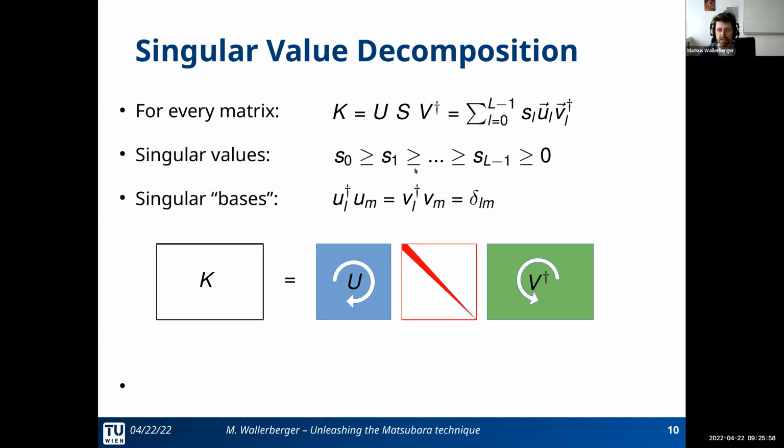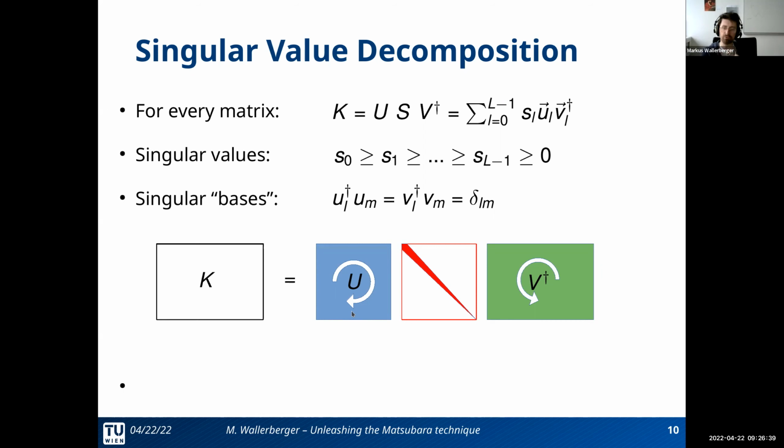This is a bit different from the eigen decomposition, where they might be negative, but you can always absorb that sign into one of the unitary matrices. These vectors form, as in the eigen decomposition of a square matrix or a Hermitian matrix, orthogonal bases. So we can understand an arbitrary matrix as a rotation or a unitary transformation, some basis rotation. Then we scale that rotated object by some factors, and then we rotate it back.